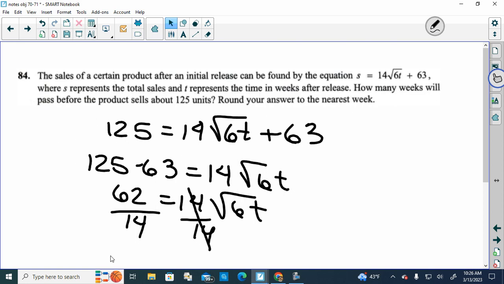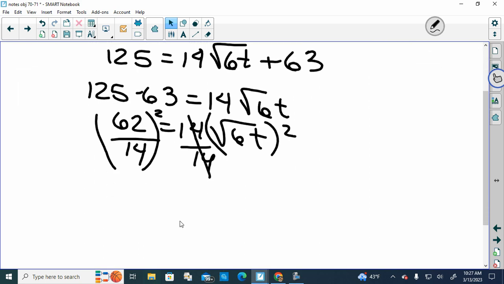What do I do next? Square it to get rid of the radical, so that we can get this guy, right? So we're going to square this. Squaring 62, so 62 times 62, that goes into the calculator. 3,844.